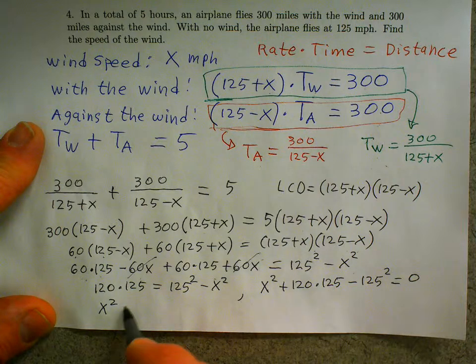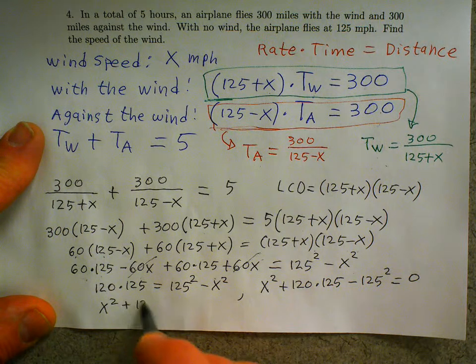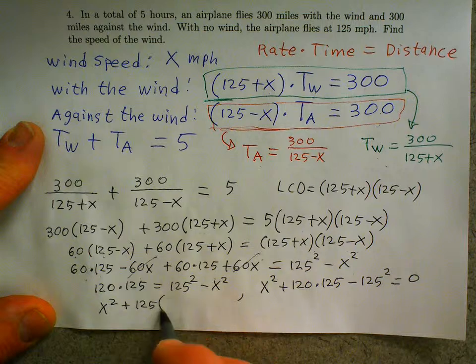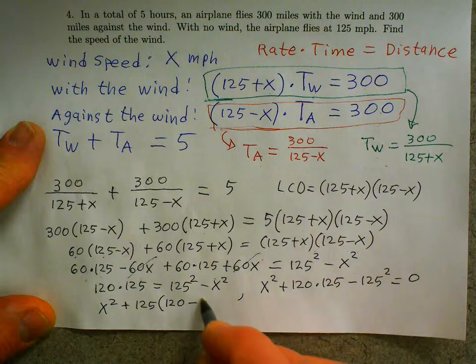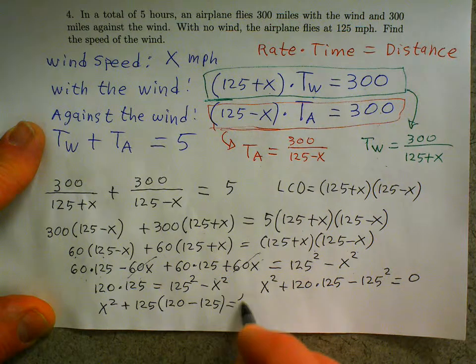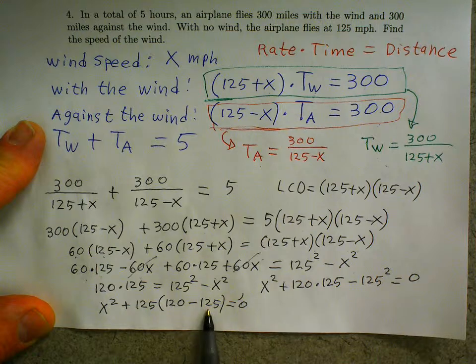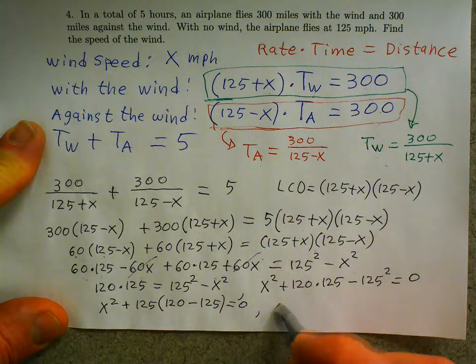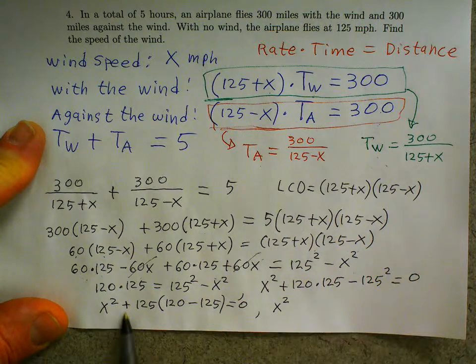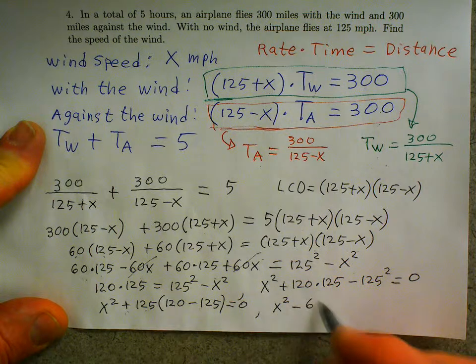So I'll write x squared plus 125 times 120 minus 125 equals 0. 120 minus 125 is negative 5. And so plus 125 times negative 5 is x squared minus 625 equals 0.